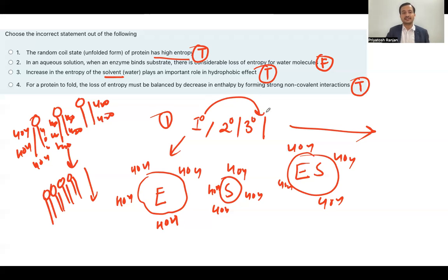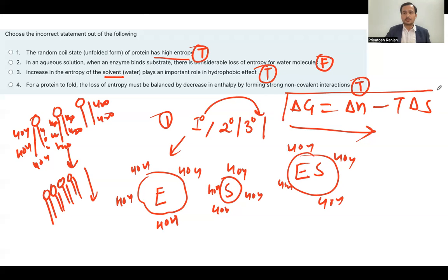But remember, if you look at the famous Gibbs free energy equation, delta G equals delta H minus T delta S, if there is a decrease in the entropy, I need to balance this equation to make sure that protein folding happens.